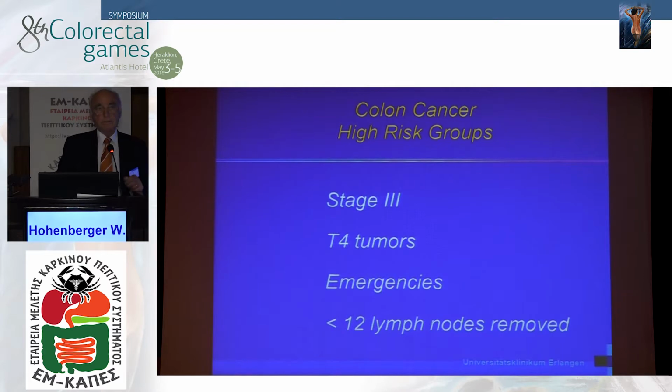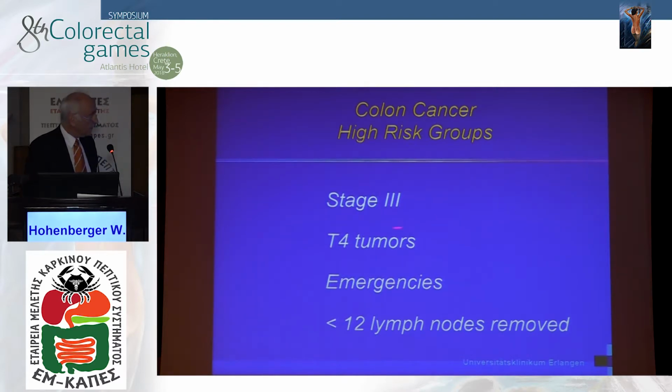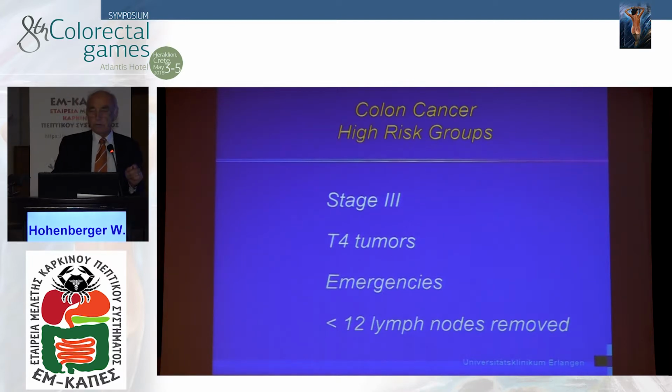Well, we need more data. And we must not look at the entire group of patients, because the outcome may be similar. But if you look at the complex cases, like stage 3, T4 tumors, emergencies, and even those with less than 12 lymph nodes removed, because they split the prognosis much more than stage 3.